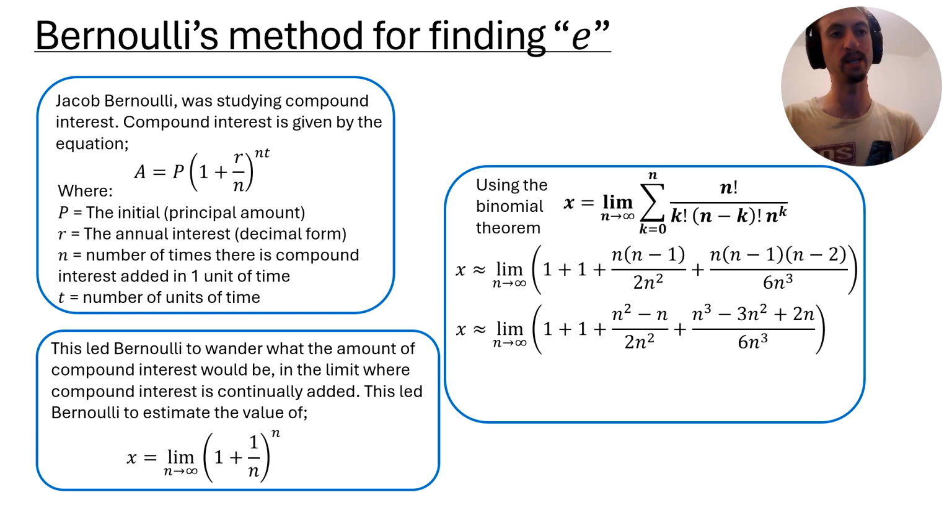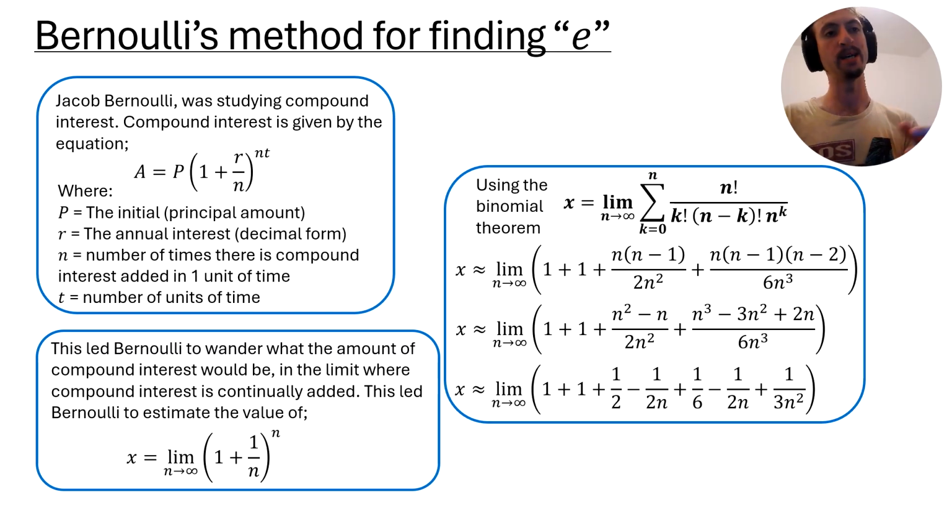Applying that logic to the fourth term, we get this, and using what I said, well, clearly 1 over 2n is going to go to 0 as n goes to infinity, and in fact 1 over 3n squared is going to go to 0 even faster than 1 over 2n as n goes to infinity, because 1 over n squared drops off much more quickly than 1 over n, if n is quite a big number.